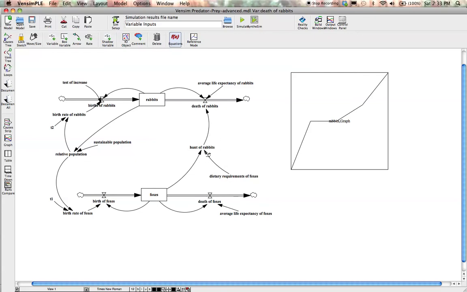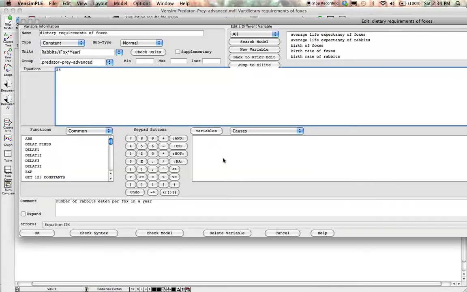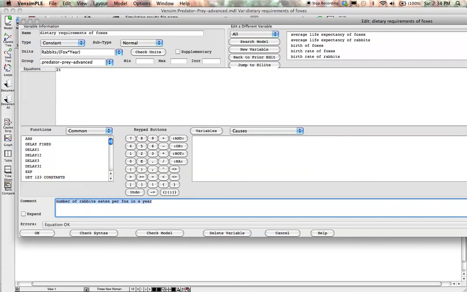The rabbits are being hunted by the foxes for eating, but that rate of consumption of rabbits, which leads to their death, is driven by a dietary requirement of foxes. If we look at the dietary requirement of foxes, it's got units of rabbits consumed per each fox per year. That value is 25, and I put a little comment here: this is the number of rabbits eaten per fox in a year.